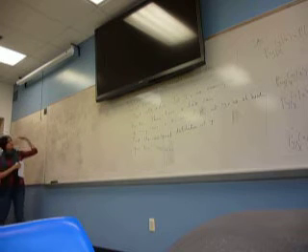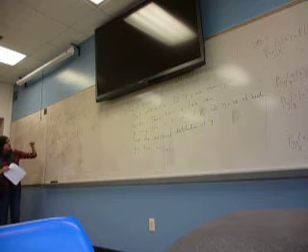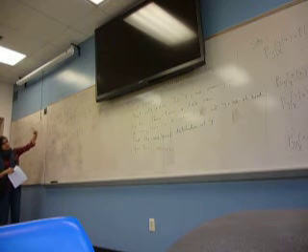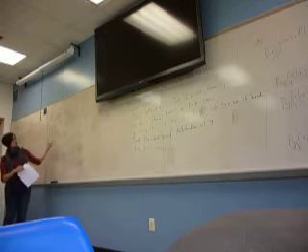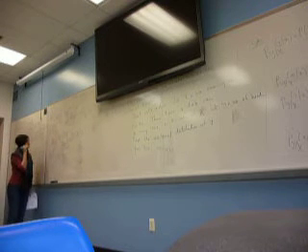Just rewriting that, it's cross multiply. If you remember from conditional probability, this was just the multiplication rule. And what else do we know?